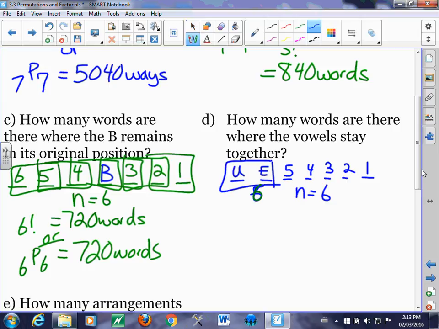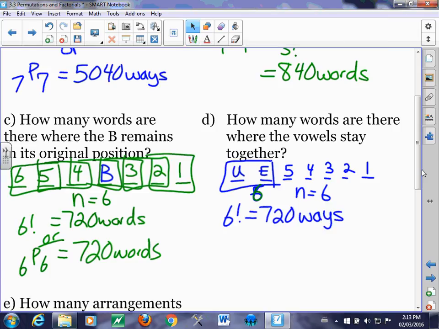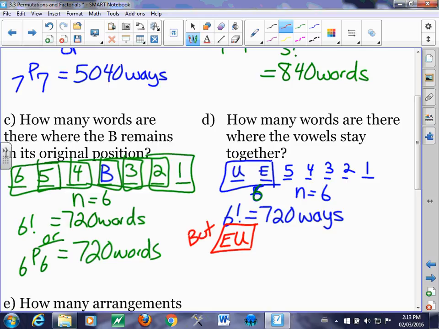So when we take a look at this, folks, we have 6 factorial, and 6 factorial equals 720 ways. But please don't forget, the vowels have to stay together. So what about if we had E go first? If we have EU, that's going to be another situation we got to remember.